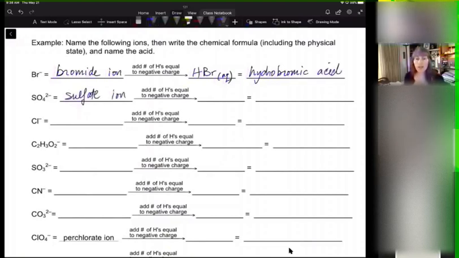So this is a good time to use your color-coded chart that you wrote for your ions and refer back to it so you can learn to remember them. So we have the sulfate ion. So that ATE turns into an IC, sulfuric acid.